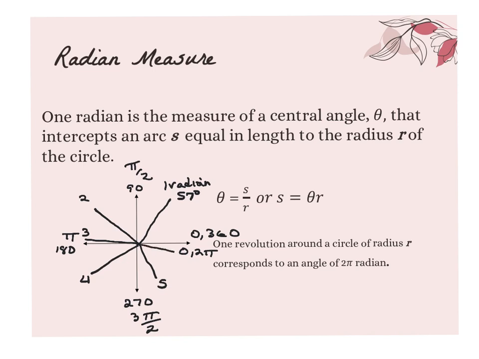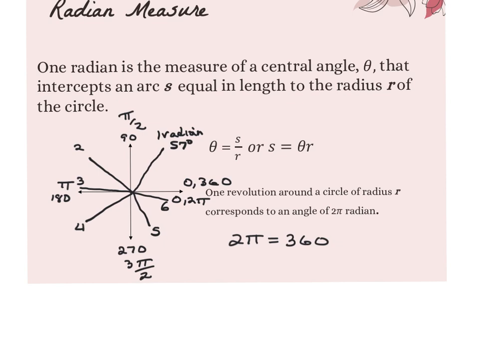And lastly, 6 over here. Because if you think about it, 2 pi is equivalent to 360 degrees. And 2 pi, if you think about the approximation for pi, is approximately 6.28. So just over 6 radians is an entire circle.